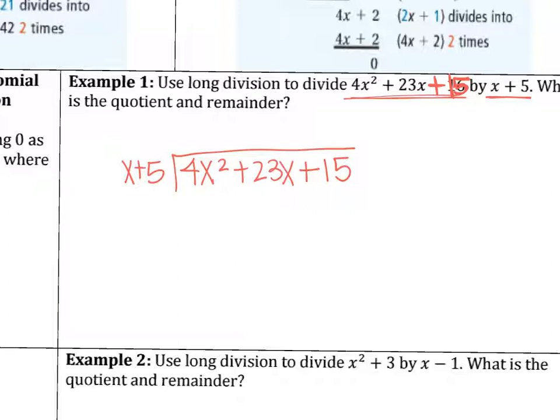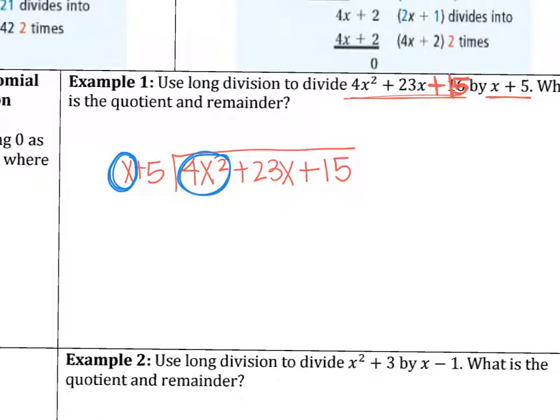So we want to see how many times can x plus 5 go into that polynomial. Here's how it's going to be done. First step, you're going to look at your first term. In this case, we have x. And you're going to look and see how many times can x go into 4x squared.